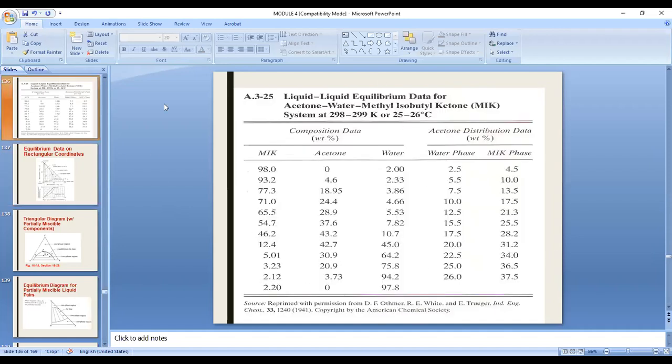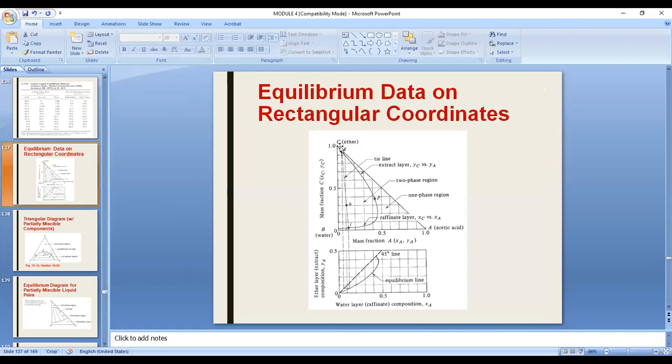In the first three columns rather, you need only the MIK and the acetone. You only need the C, whatever your solvent is, and your A, your solute. That way you can come up with this curve here. Let me project.